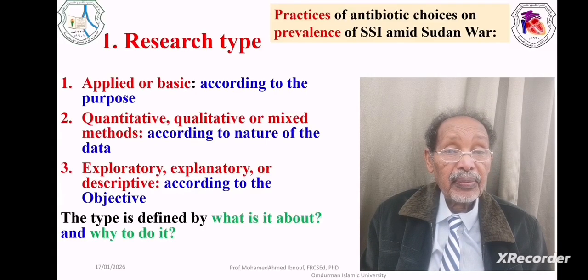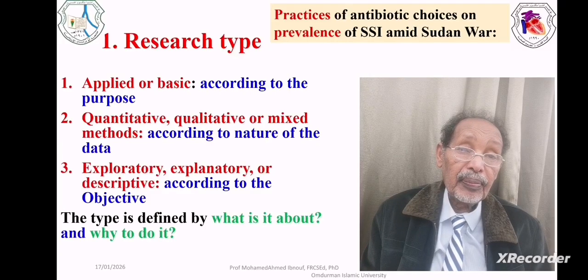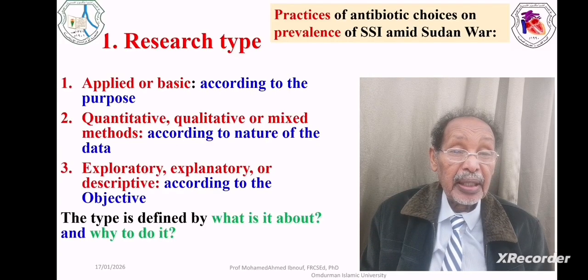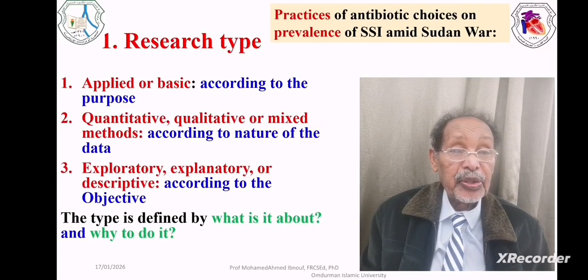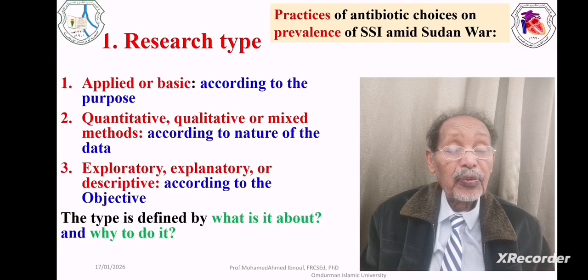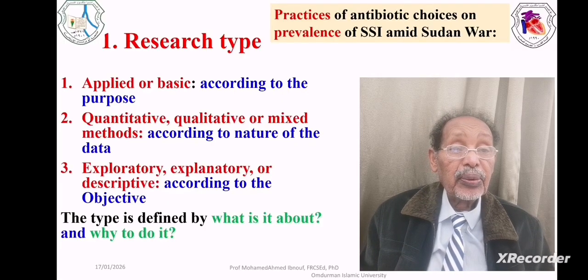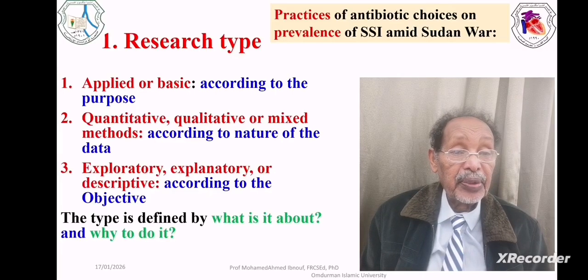Yes, it is, because it is feasible to be done, and it is interesting if it is done, and if it is relevant to our real practice. And it will be novel if it involves the impact of the war on the practices, on the prescription of antibiotics, and on the prevalence of the surgical site infections.